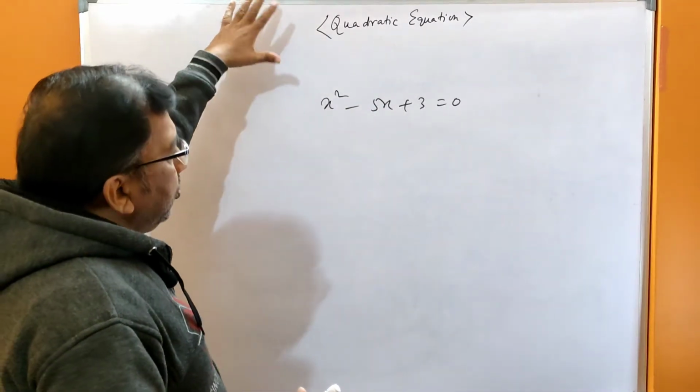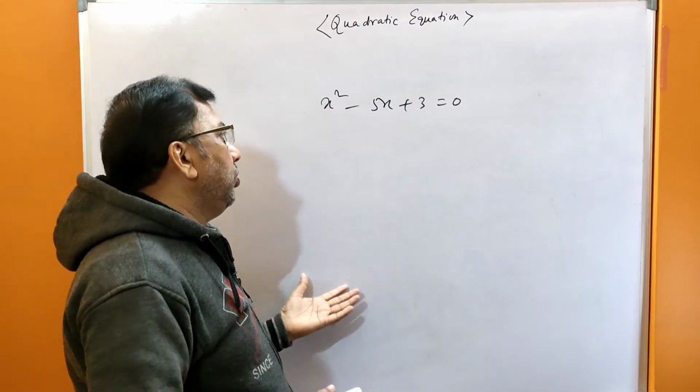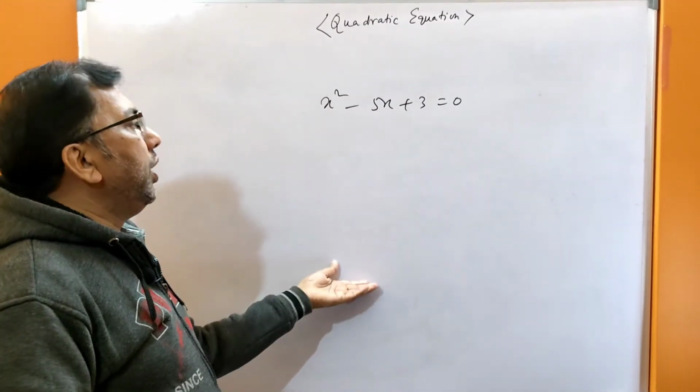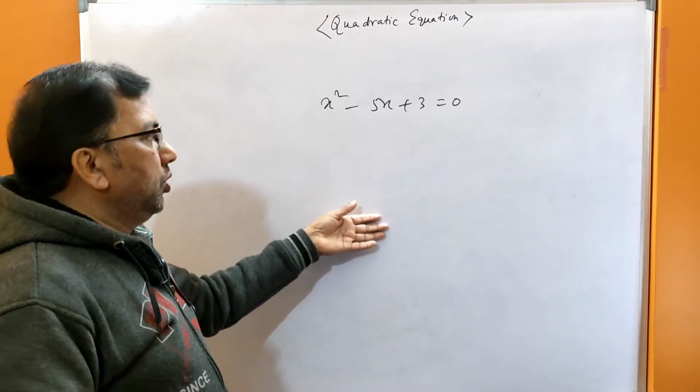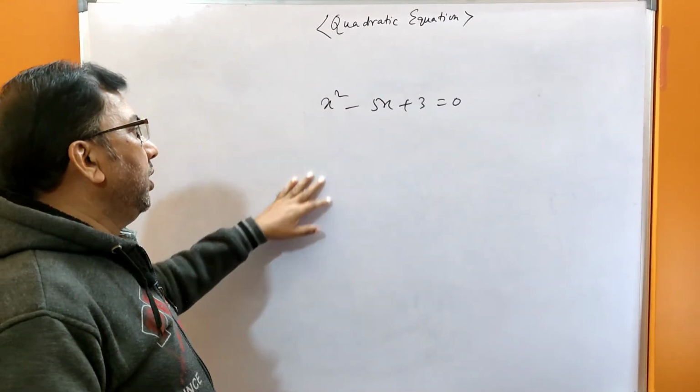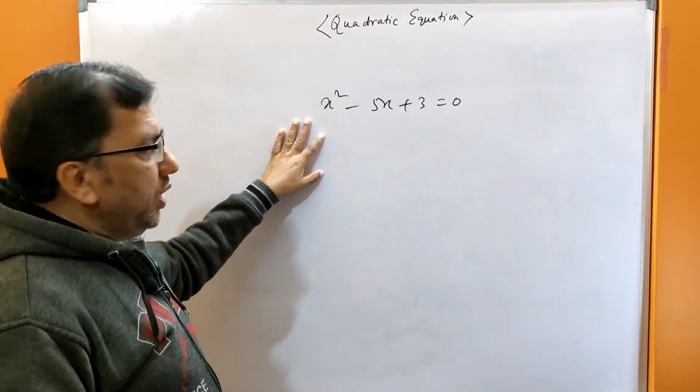And there will be some questions in case of MCQ. Some equations will be given, and you have to find out whether these are quadratic equations or not. I am not discussing this. It has already been discussed.